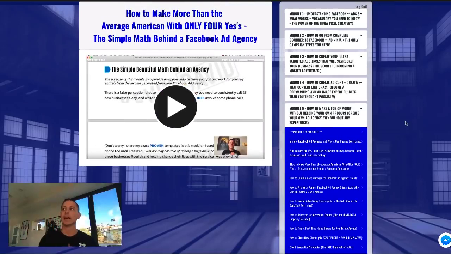Because really, guys, if you can get 4 people to say yes, you can make more than the average American makes in a year. And I know that might seem kind of vague, but I'm intentionally making it vague because it's so much easier than people think. With Facebook ads, if you can get 4 human beings to say yes, which is so much easier than people think, you can make more than the average American makes in a year.